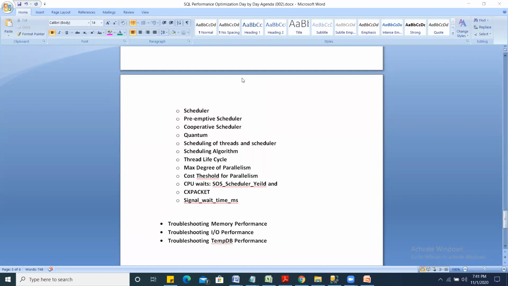Once you understand these concepts, you have a clear understanding of what you are diagnosing, what you are analyzing, and what should be your next step to troubleshoot the issue. If you don't have this knowledge, then most people follow the standard practice that has been established in an environment.